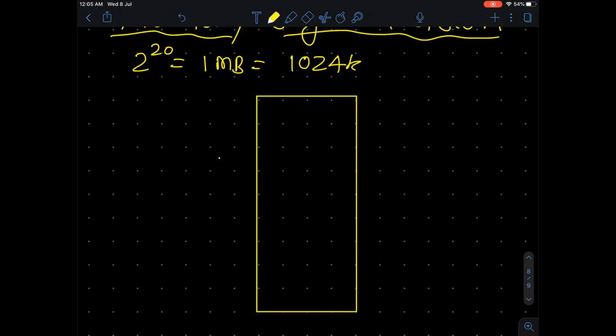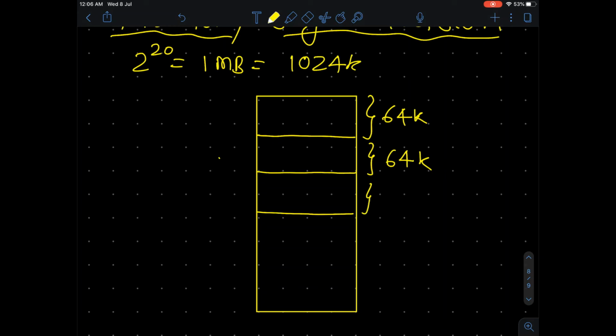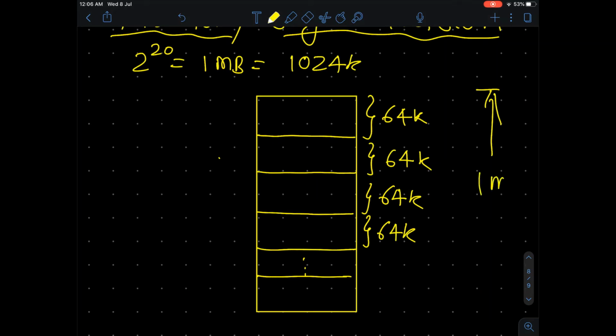This memory is divided into blocks of 64K. The total is 1 MB, and this total 1 MB memory is divided into blocks of 64K.